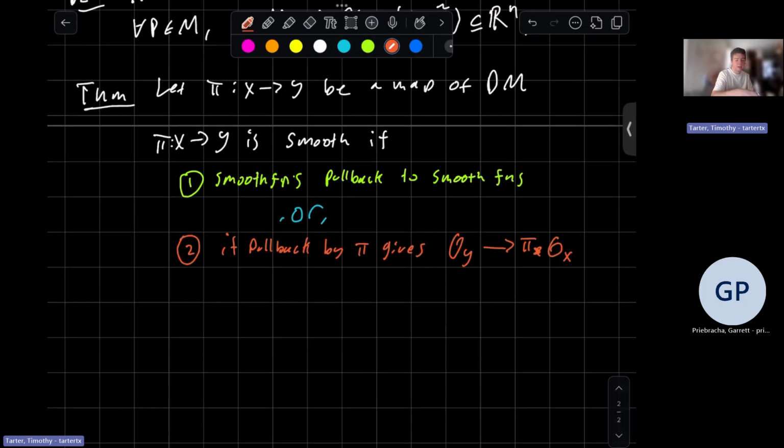Wait, that is the pullback, right? I believe so. I'm tired. The book is sad. Or no, it's not two things. They're both the same thing. I think so. I just want to make sure that I'm not missing something. I need to circle this in bright red.